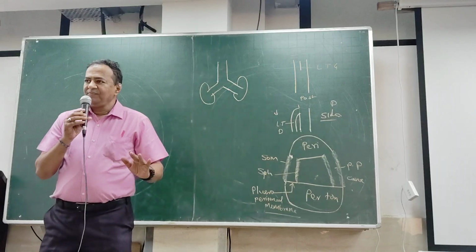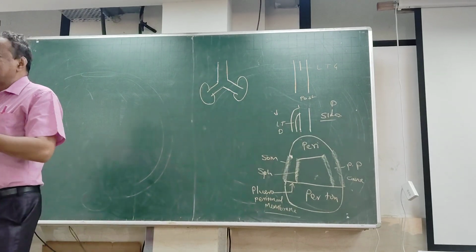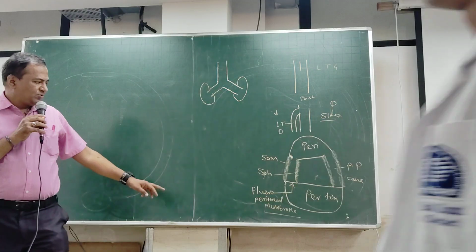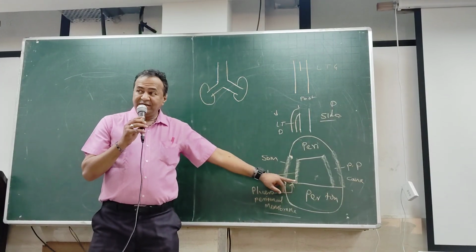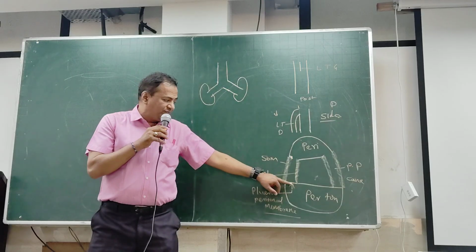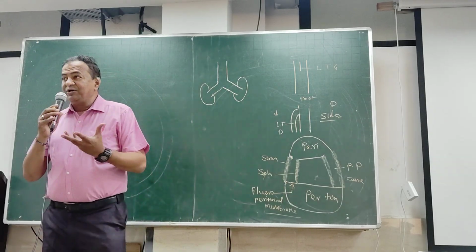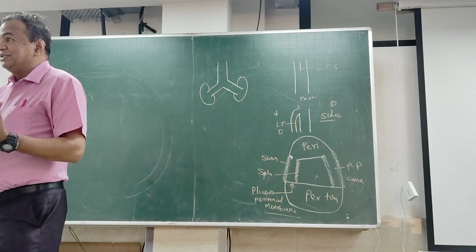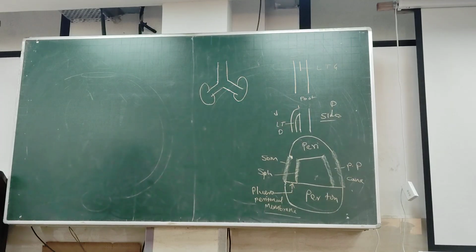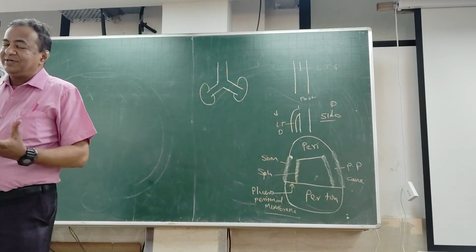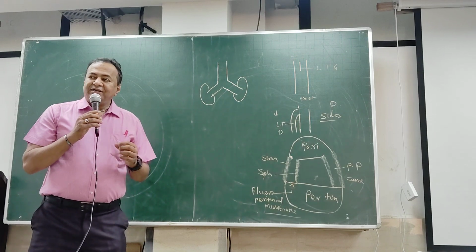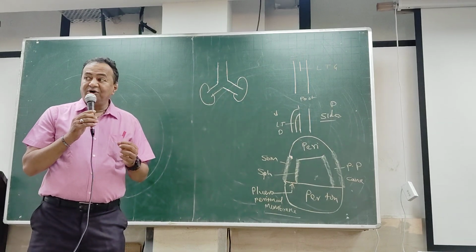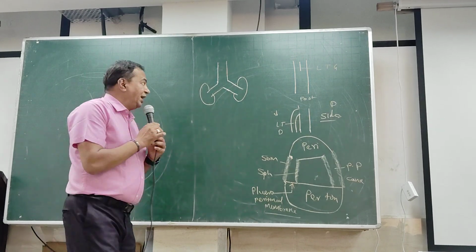When it closes, if it is separating the pleural and peritoneal cavity, what organ will it contribute to? What muscle, what structure? Diaphragm. So pleuroperitoneal membranes will contribute to formation of diaphragm.